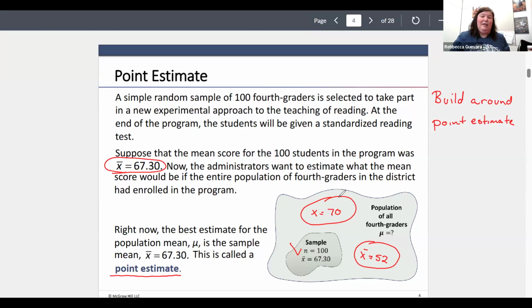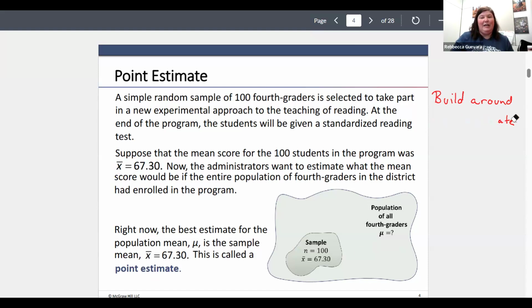It's a question of which one of these do I pick to say is my point estimate. For now, we just pick the one that we have, but those other ones are something we do have to consider. So basically, what we know is that we're going to get a lot of estimates for the population mean.